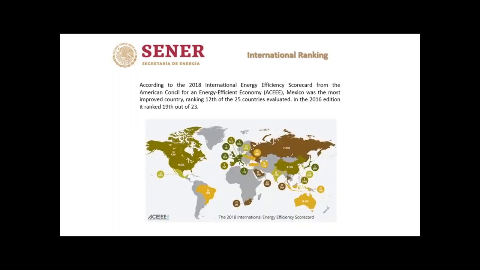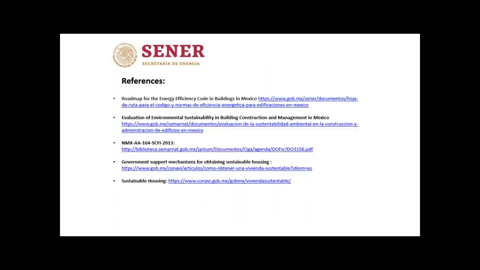And Mexico has been ranked 12th of the 25 countries evaluated by the International Energy Efficiency Scorecard by the American Council for an Energy Efficient Economy, and is one of the countries with more improvement from 2016 to the last evaluation. That's all. And this is the list of references of the different actions that have been implemented in Mexico.